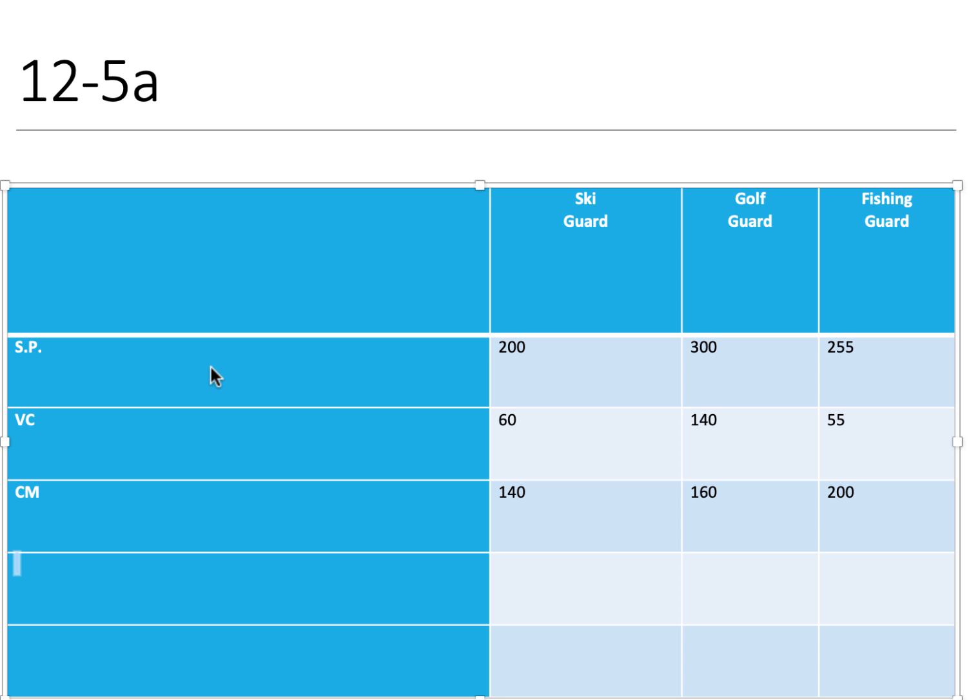So in part one, the constrained resource is the molding machine time. So I'm just going to say processing time. And for the ski guard, it's 2 minutes. For the golf guard, it's 5 minutes. And for the fishing guard, it's 4 minutes.